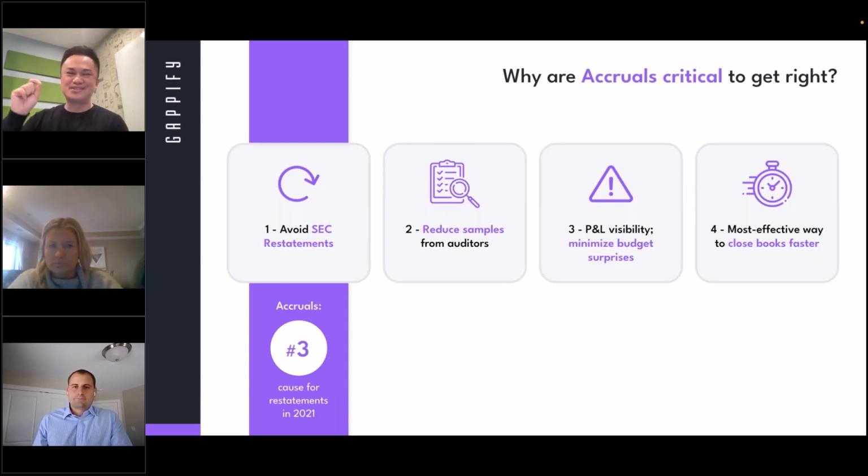Accruals, of course, we talked about why it's important to get right, but if you can do it right and you have a good process, this is one of the biggest levers that you have to closing your books earlier. So what do I mean by that? If you're closing the books right now in 7 days, that's probably because you're waiting for a lot of actuals to drop in between day 0 and day 7.